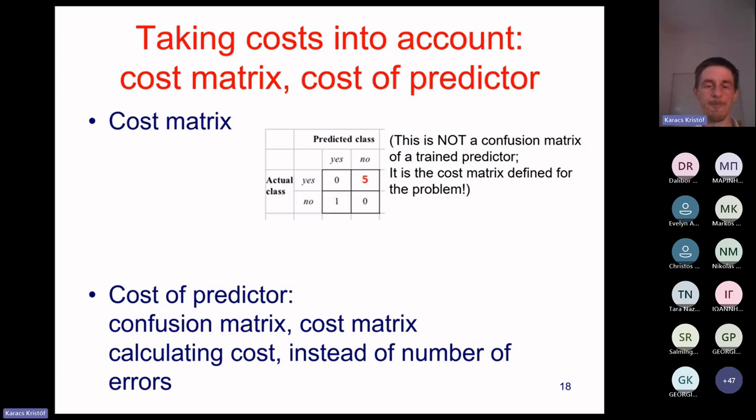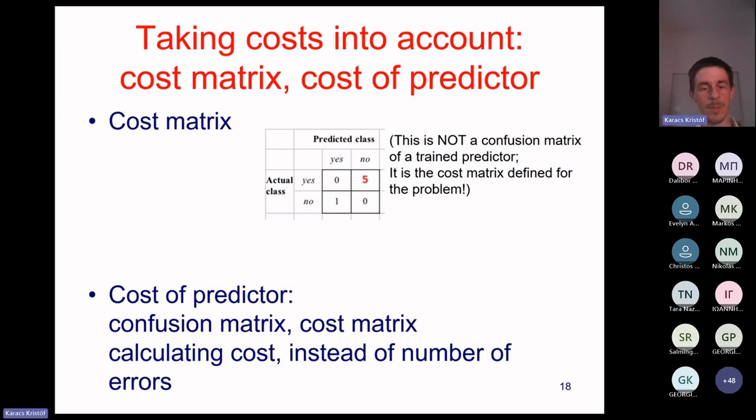Okay. And if you do take costs into account, then of course, instead of just calculating the number of errors, you would sum up the corresponding cost to the errors committed by the model.